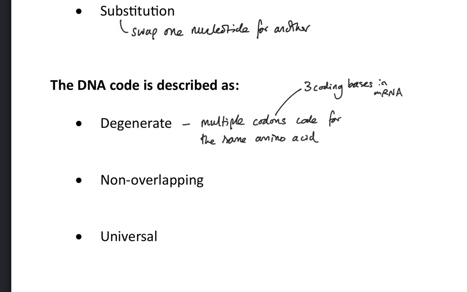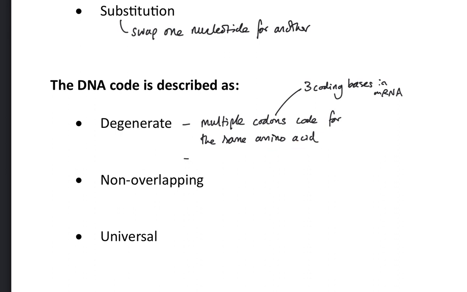Remember, mRNA has come from the DNA, so I could say that the DNA triplet codes for the same amino acid as well. So sometimes we can change one of the bases in the DNA. That will change one of the bases in a codon of the mRNA, but it will have no effect on the amino acid it codes for because multiple codons will code for the same amino acid.